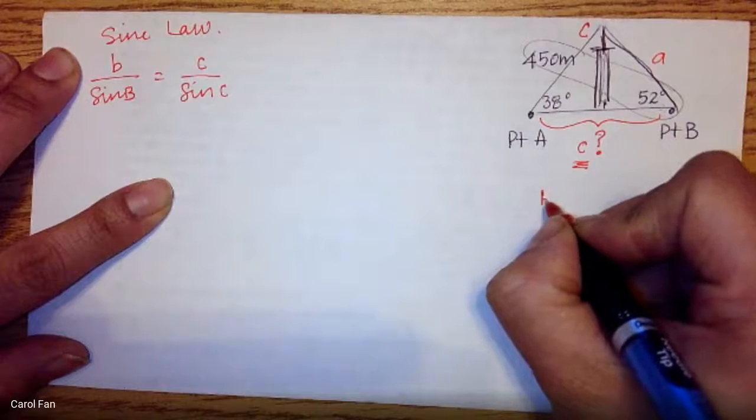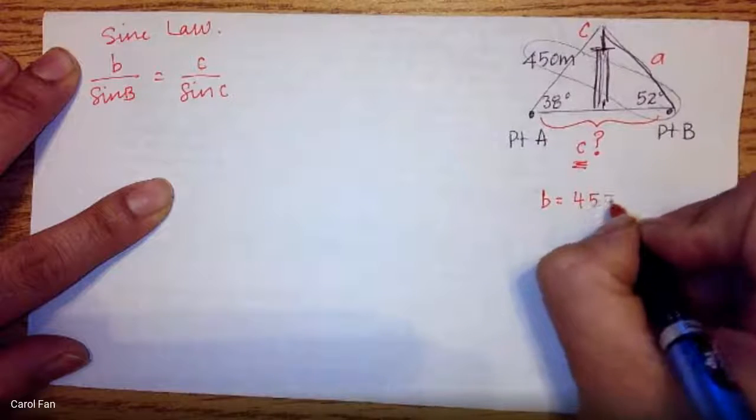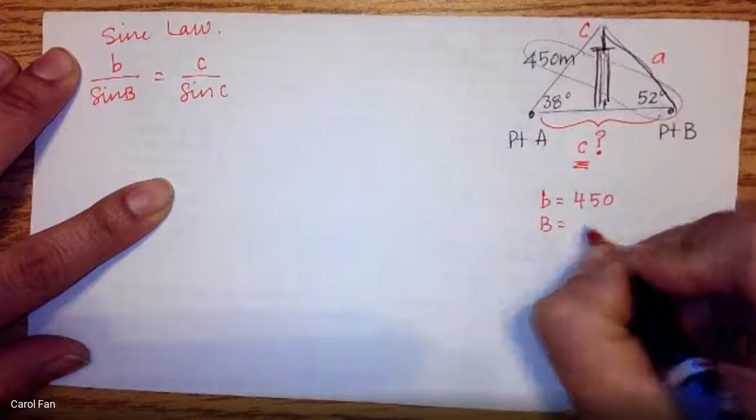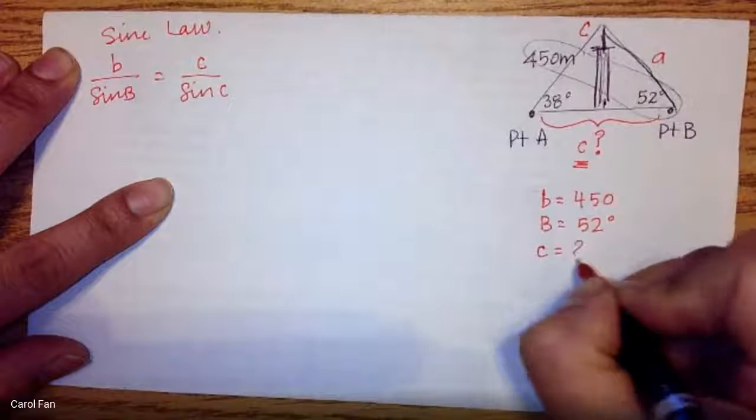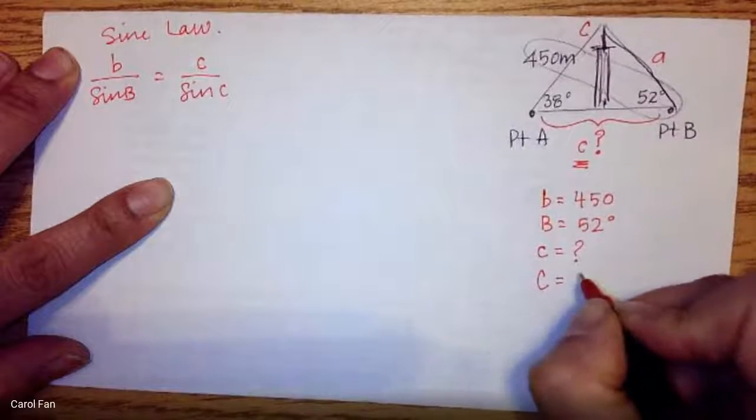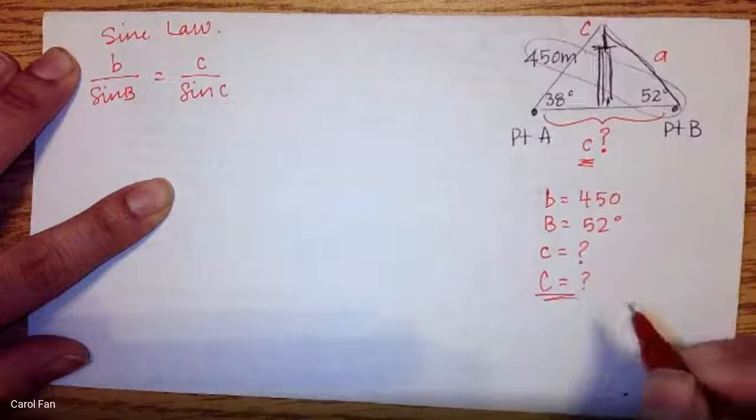I know that I have little b of 450. I have capital B of 52. I have little c, which is unknown, and capital C, which is also unknown.